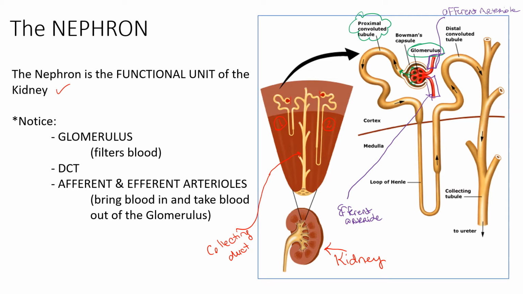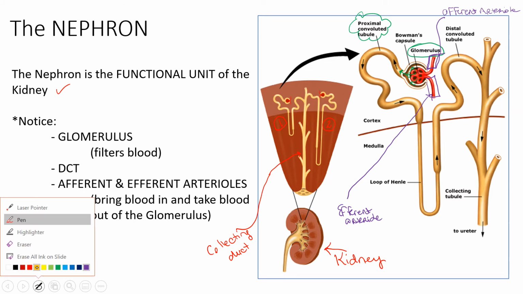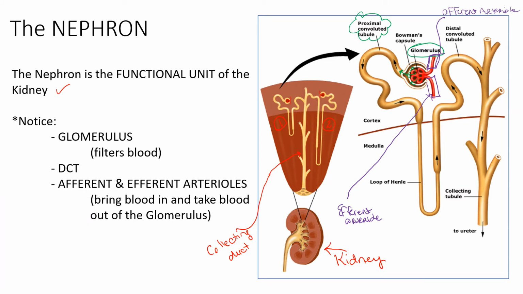The other thing I want you to notice is what's next to the glomerulus. This is kind of where our focus is going to be here. We've got this distal convoluted tubule right here, also known as the DCT.